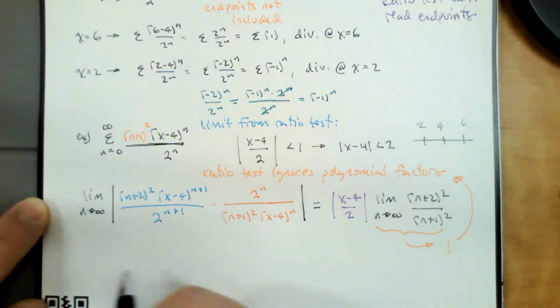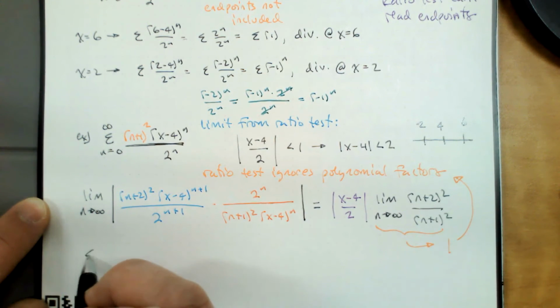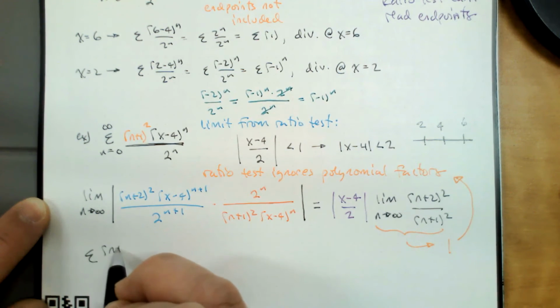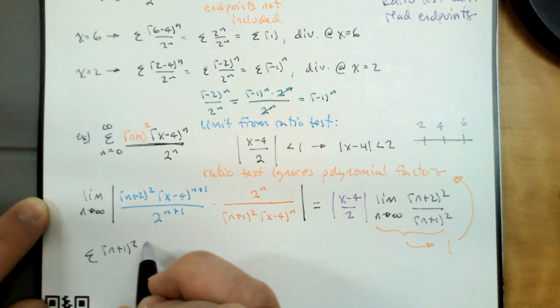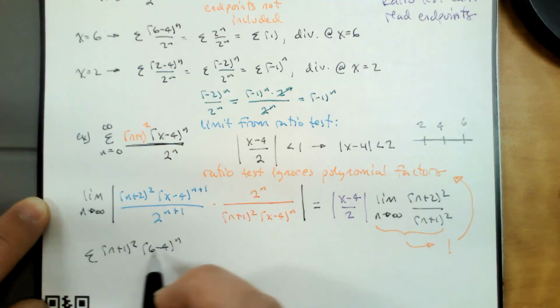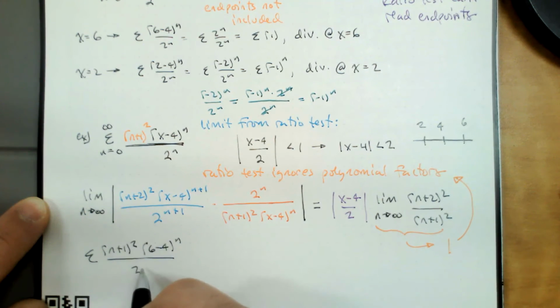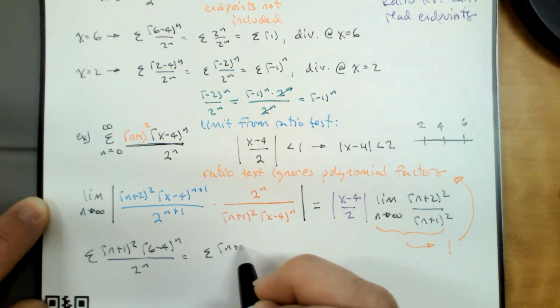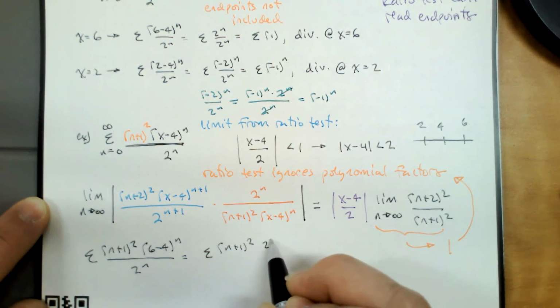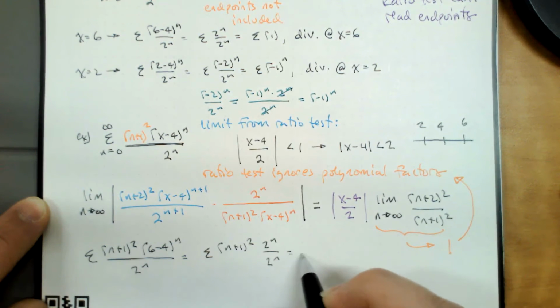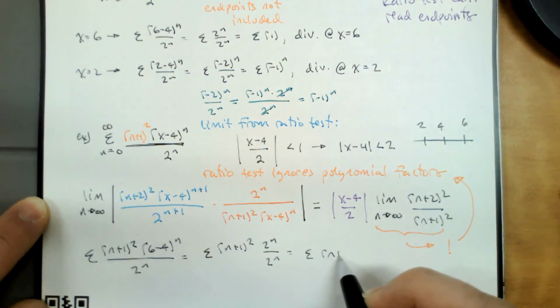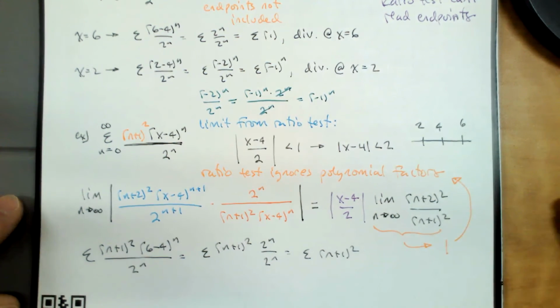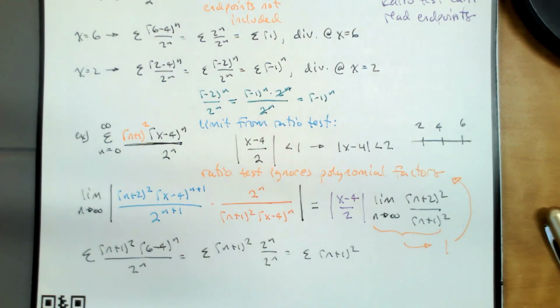So when x equals 6, we end up with the 2 to the n over 2 to the n.